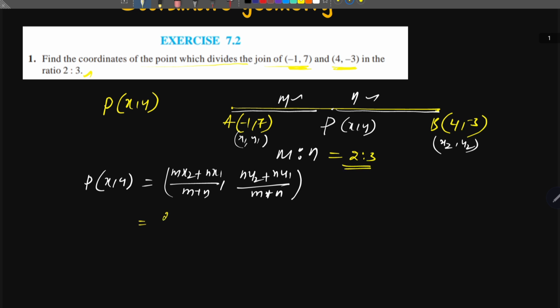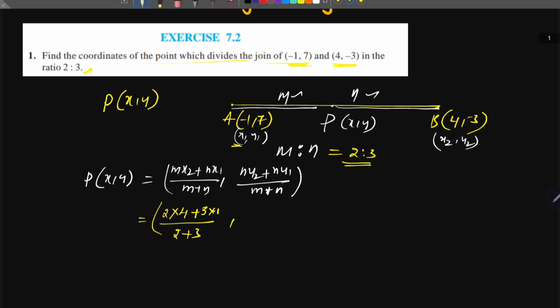So 2 into x2, which is 4, plus n which is 3, 3 into x1, which is -1, divided by m + n, that is 2 + 3, comma. For my2, m into -3, plus n, which is 3, into 7, divided by 2 + 3.